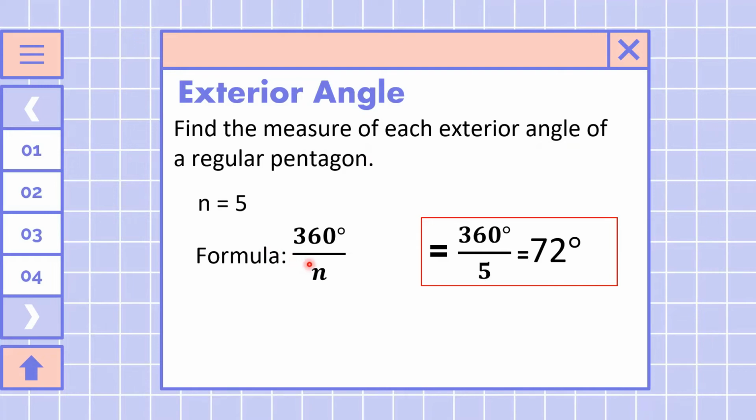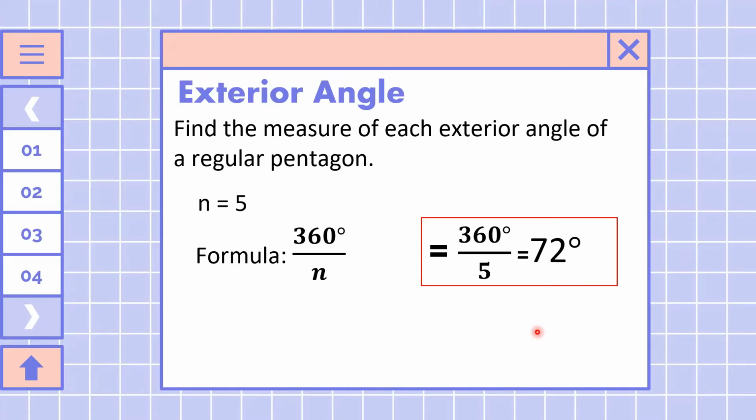Next natong buhaton is i-substitute si 5 sa atong formula nga 360 degrees divided by n. Now, after substituting, atong buhaton is i-divide na to. So, 360 degrees divided by 5 is equal to 72 degrees. Okay, nasabtan? Yes, ma'am.